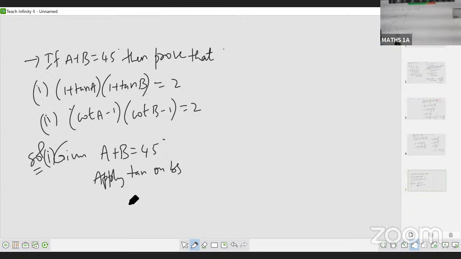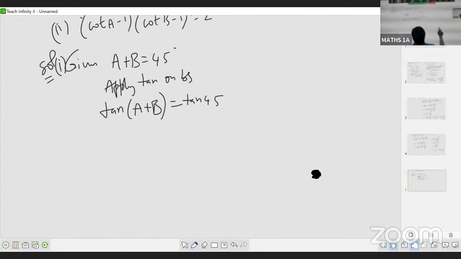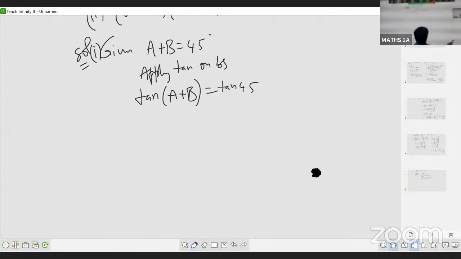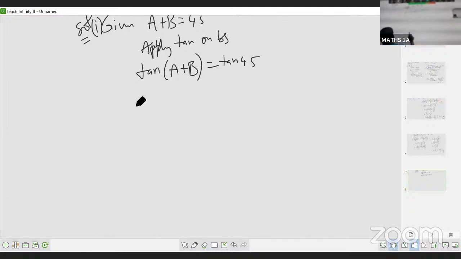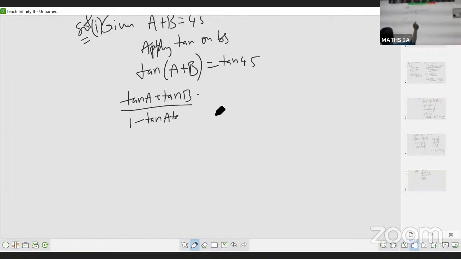That is tan of a plus b equal to tan 45. Tan of a plus b means what? That is tan a plus tan b by 1 minus tan a tan b is equal to 1.